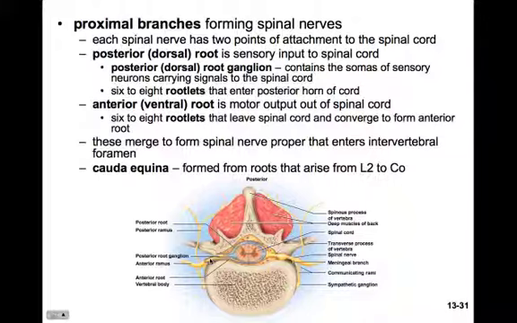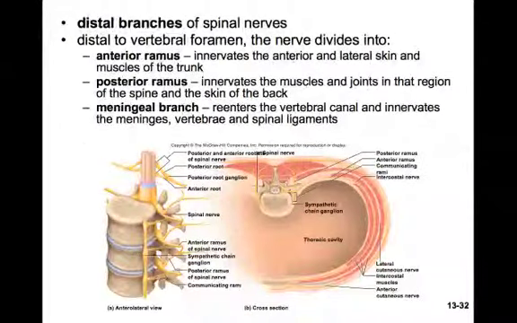Again, the dorsal root is sensory input, otherwise known as the posterior root. We'll notice there's a posterior or dorsal root ganglion. There are 6 to 8 little rootlets that enter the posterior horn of the cord. So as you'll see, when the dorsal root enters the dorsal horn in the spinal cord, it'll split into several different rootlets.